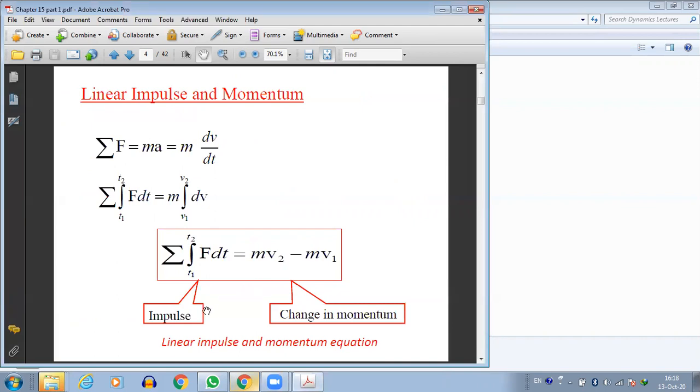So this summation F dt from t1 to t2 is known as impulse. This is the formula for linear impulse and momentum. We are putting the word linear here because there is going to be an angular impulse and momentum in the same chapter that we are going to study later. But for now, this is linear impulse.